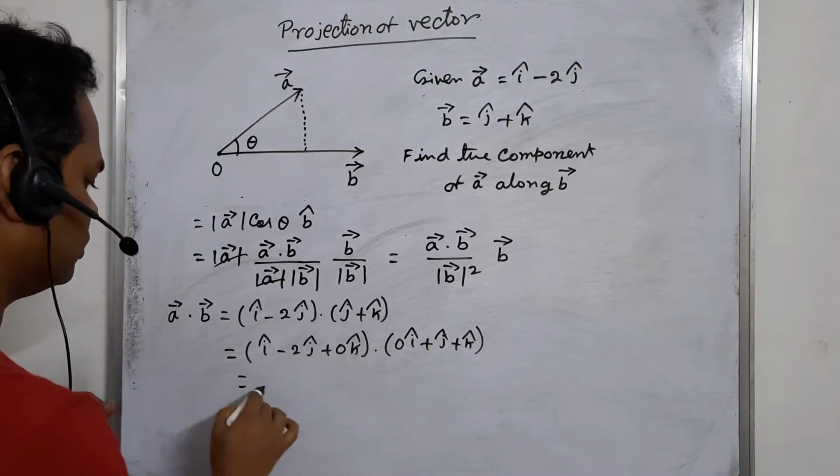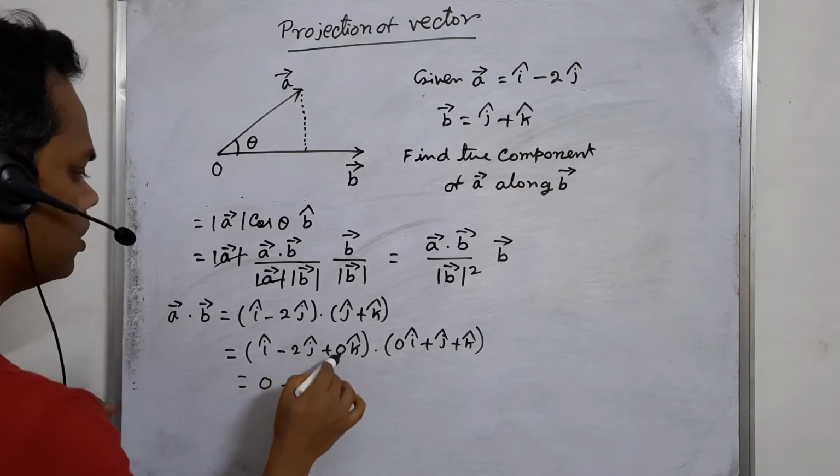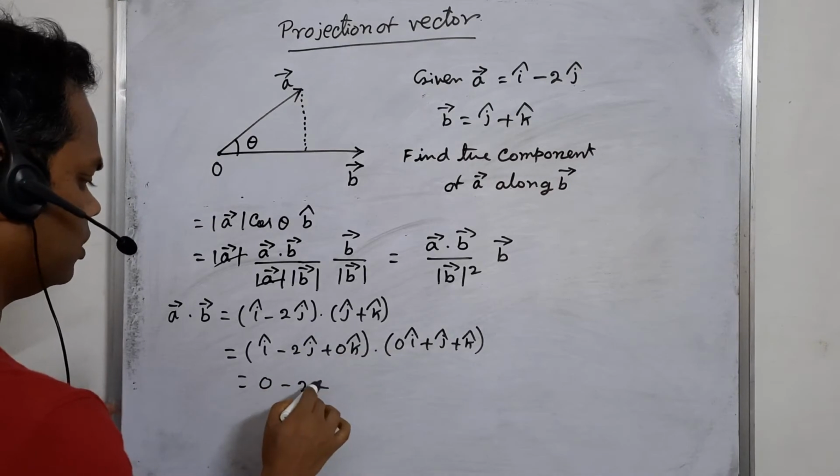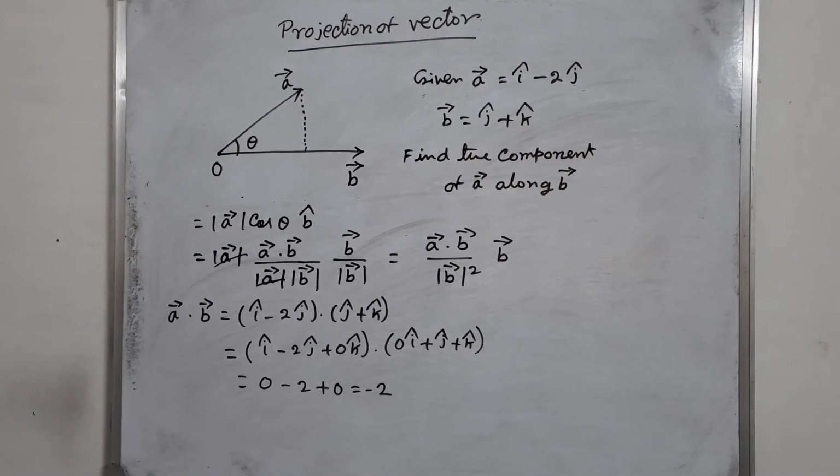So 1 into 0 is 0, minus 2 into 1 is minus 2, plus 0 into 1 is 0. So finally it becomes minus 2.